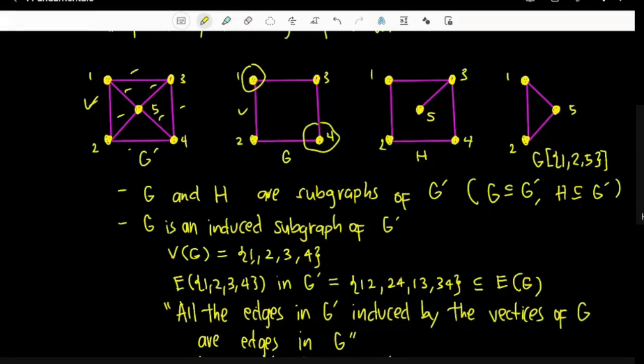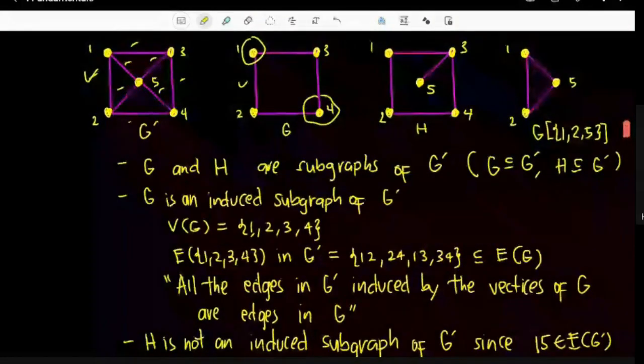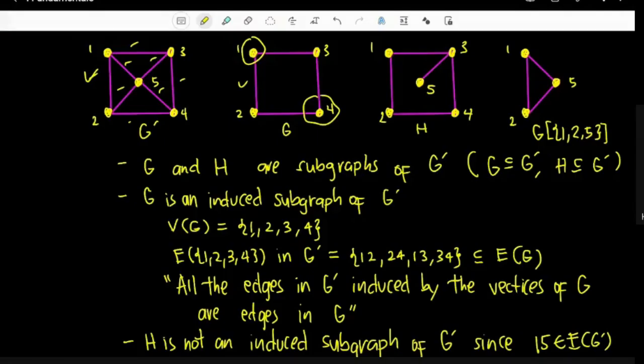Okay. Now, yung H, hindi siya induced. Bakit? Kasi makakakita tayo ng dalawang vertex ni H na meron siyang edge sa G prime pero wala siyang edge sa H. So, may vertex yung mas maliit na graph na pag tinignan mo sa mas malaking graph, may edge doon, pero yung edge na yon wala doon sa mas maliit na graph.